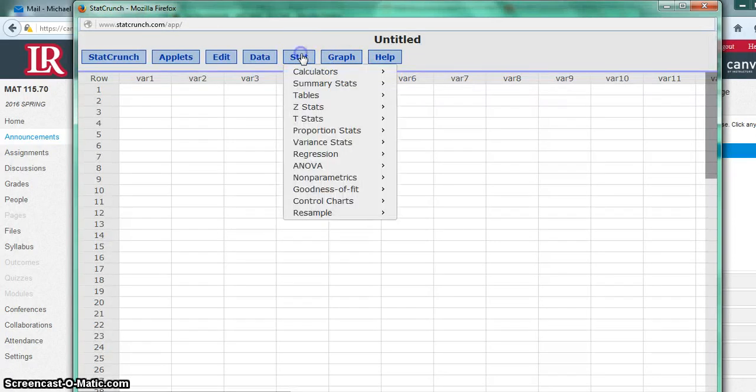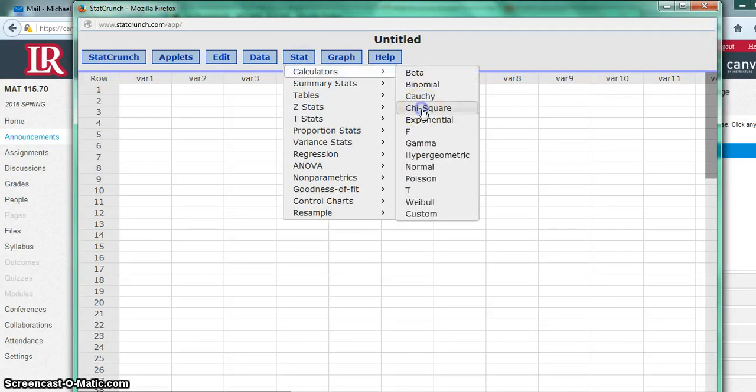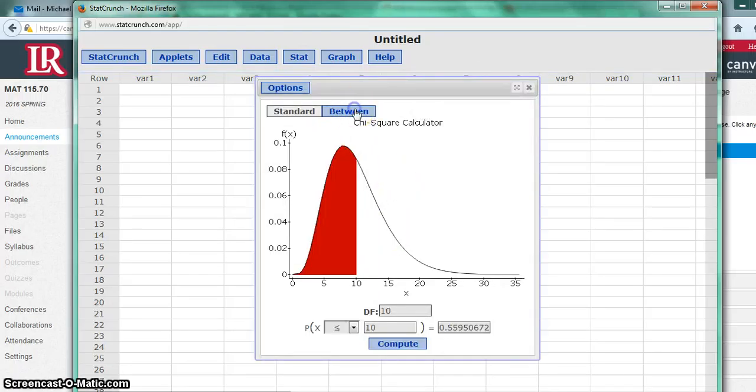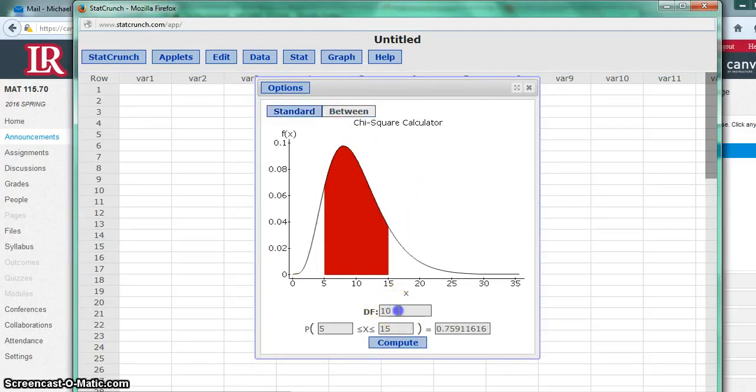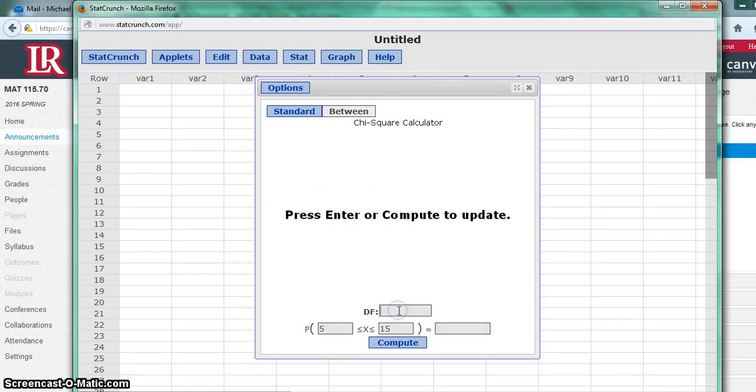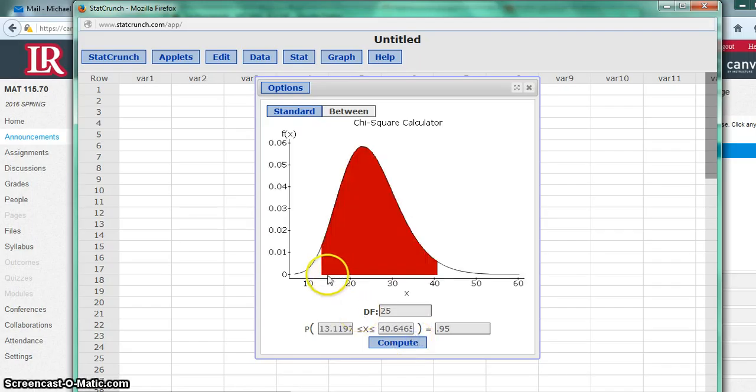If I go to calculators and go to chi-squared, I know my degrees of freedom are 25, and I know the area in between I want to be 0.95. Oh, and it'll tell it to me, right? So I have 13.12 to 40.65. This will probably be an easier way to do it. That means 95% within here, and I have 2.5% over here, and 2.5% over here. So that's what the picture is telling us.